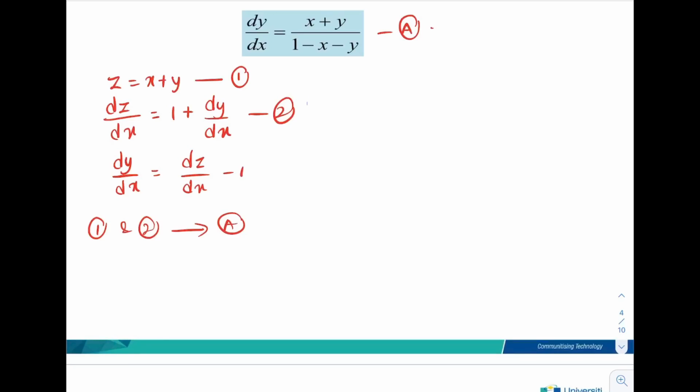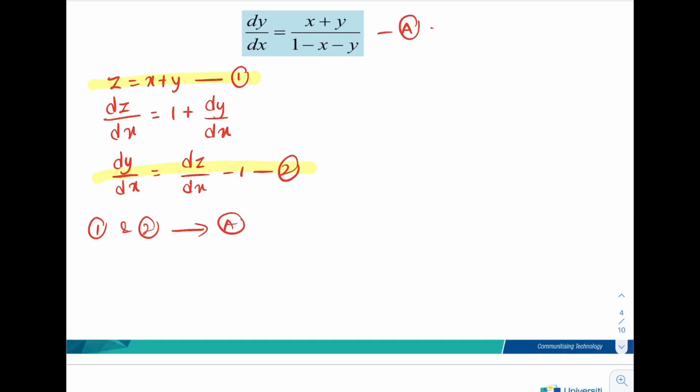So this label goes to here. I hope you can see what I'm doing. I highlight first one. This is the given substitution equation, and this one is the second equation, which is coming from equation number 1. And then I have rearranged so easy for us to substitute into equation A.